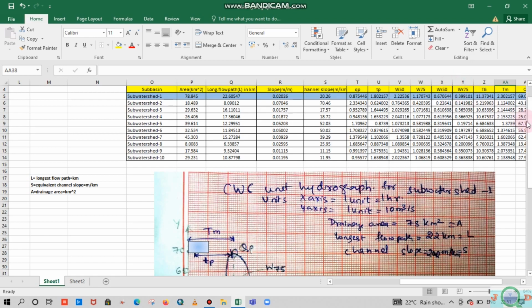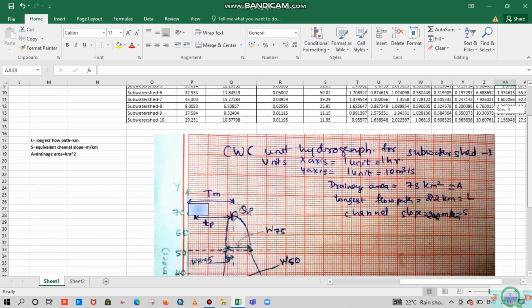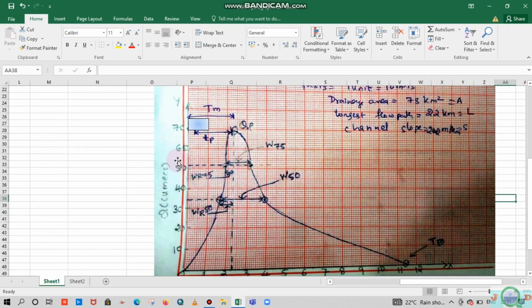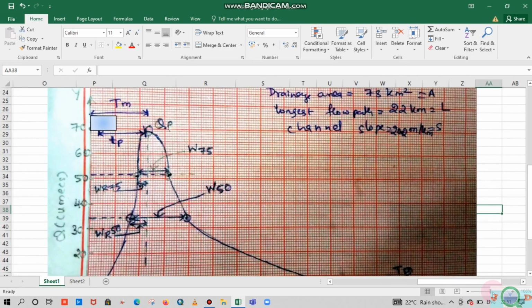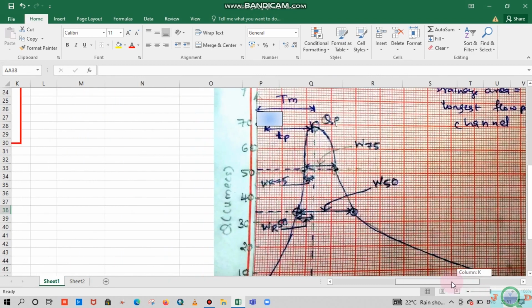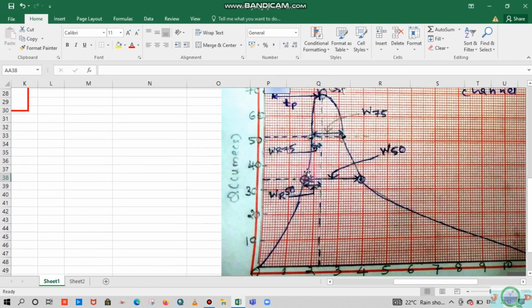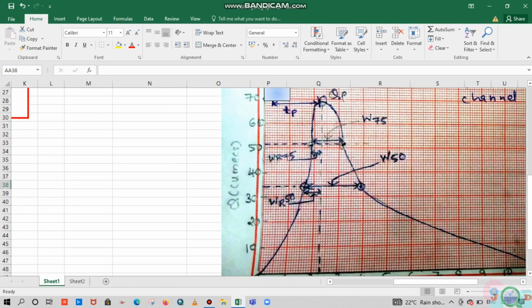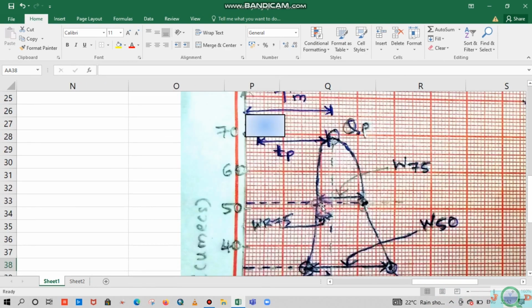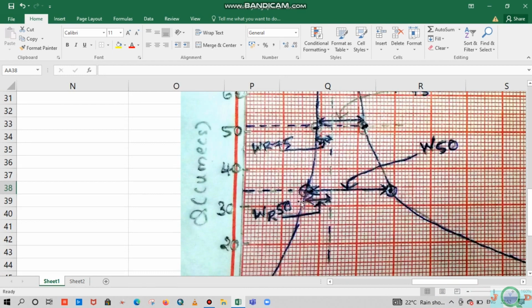So initially I marked the location of 75% of the discharge, and this one is 50% of the discharge, and I marked the width of the rising limb at 75% and 50%. So this part is actually the rising limb. Here I have marked 75%, and here I have marked the 50% width of this rising limb, this width I have marked.